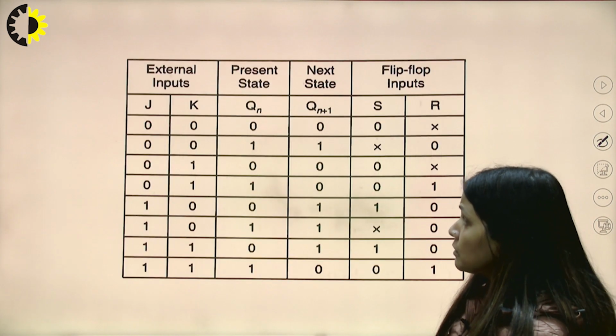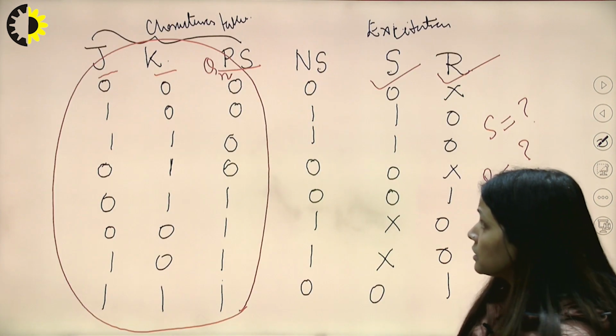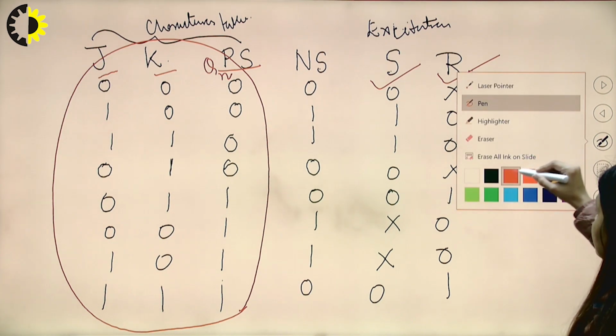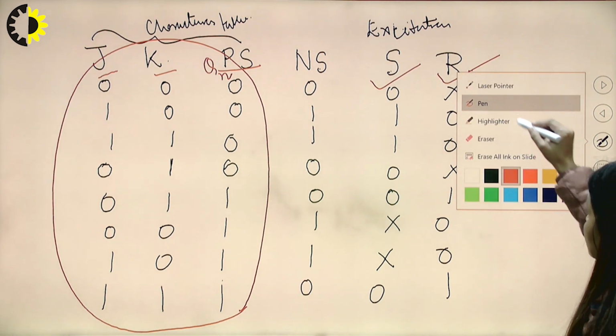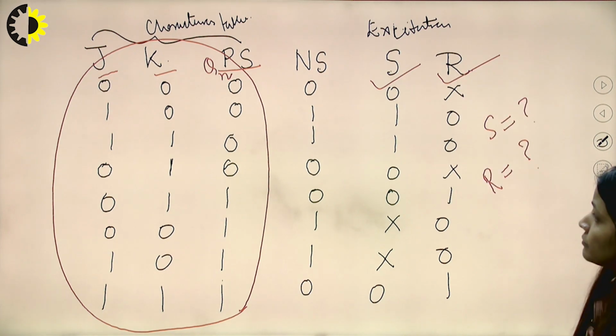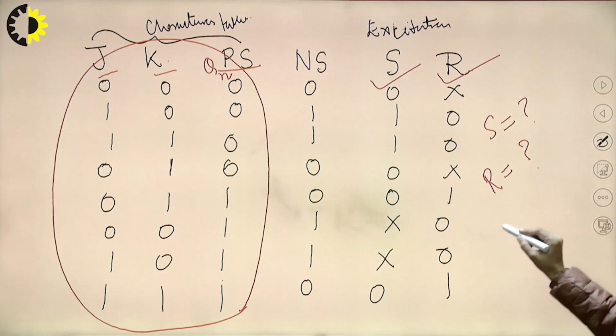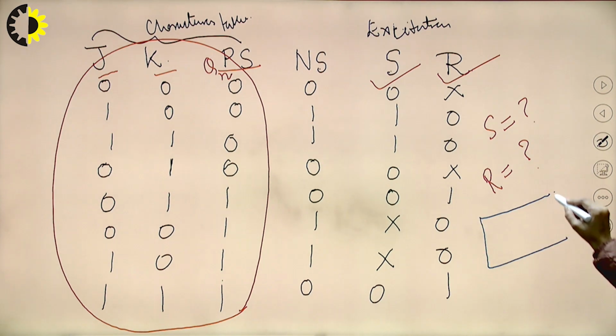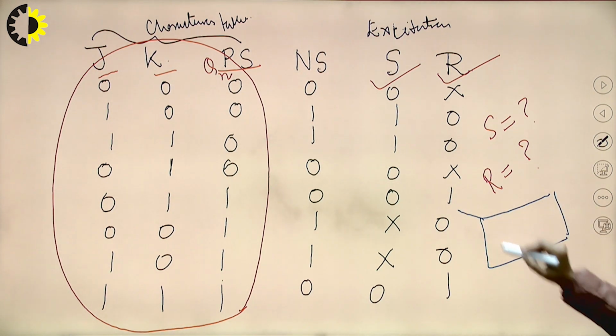So let us make the K map also here. So we will make a K map here. There are three variables, right?